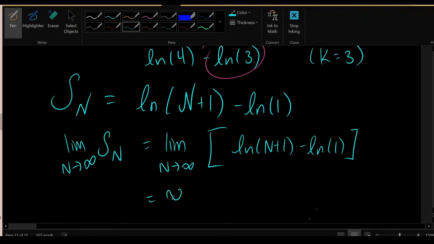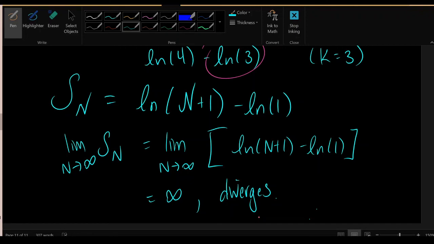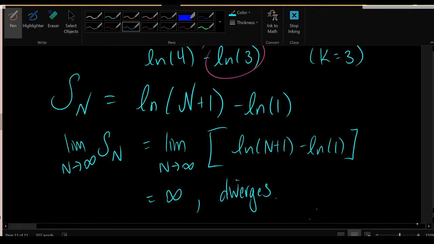So this series turns out not to converge because the limit of the partial sums is positive infinity. So for a series that's telescoping, the main technique is to write down a formula for the partial sum, simplify it, rewrite it, and then apply the limit as n goes to infinity.